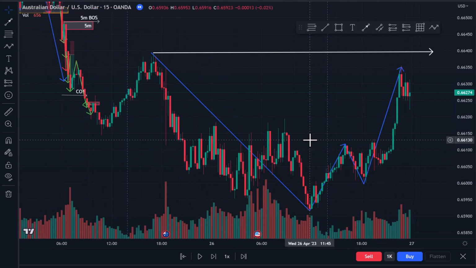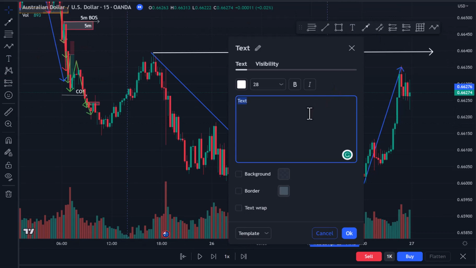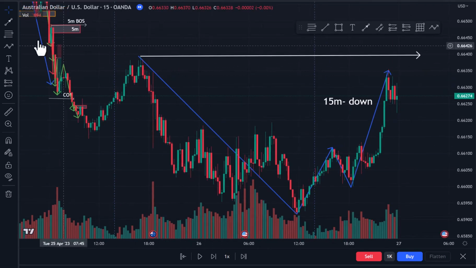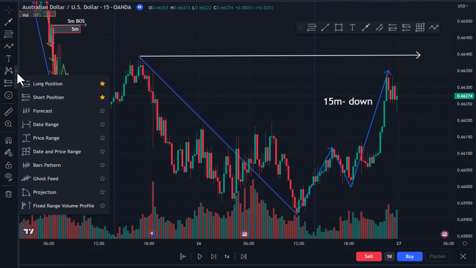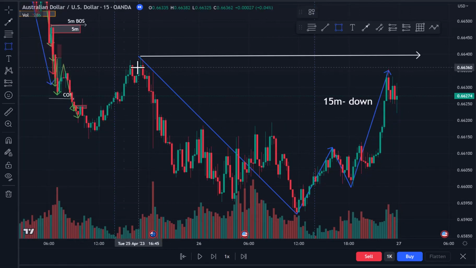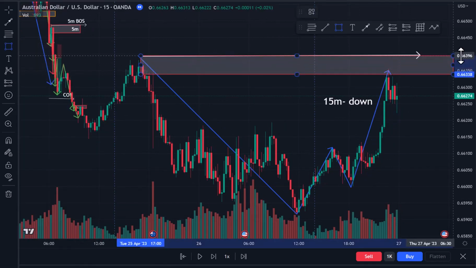So 15-minute is down overall. We'll record it as such. But it is returning to the previous pullback area, so the previous key level. We'll mark that as well, just to know where it is.